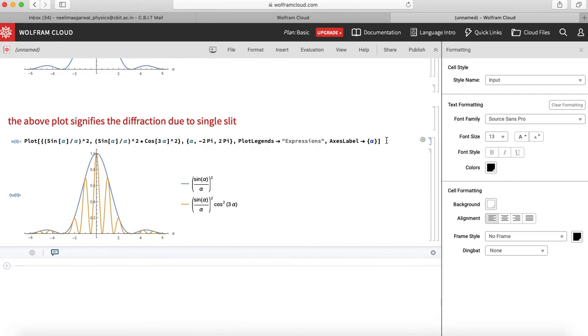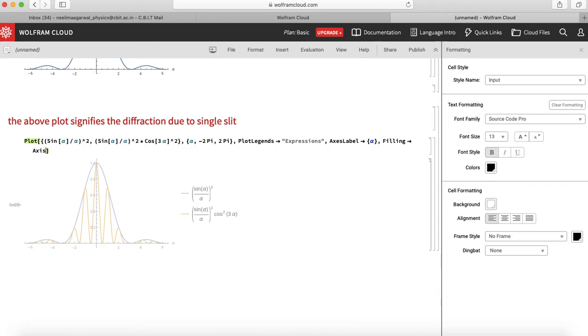Now in order to see this more clearly, I will use one more command, filling axis. Then it will show you colors.